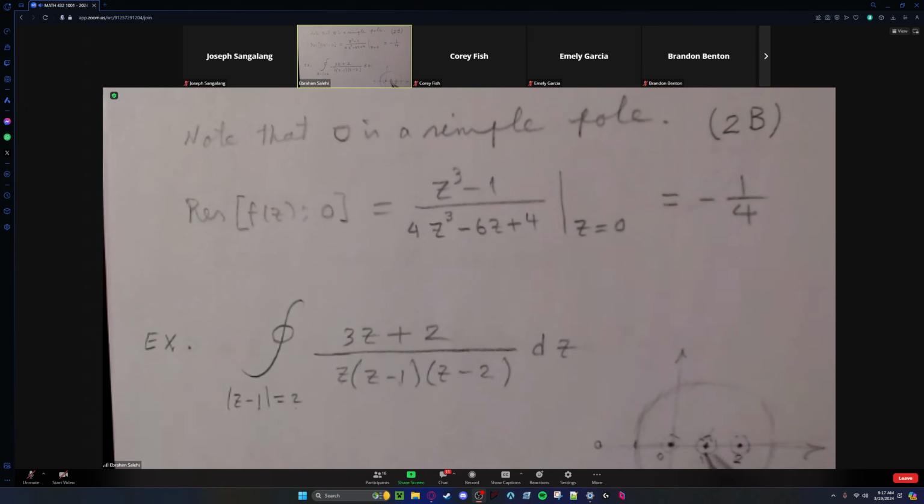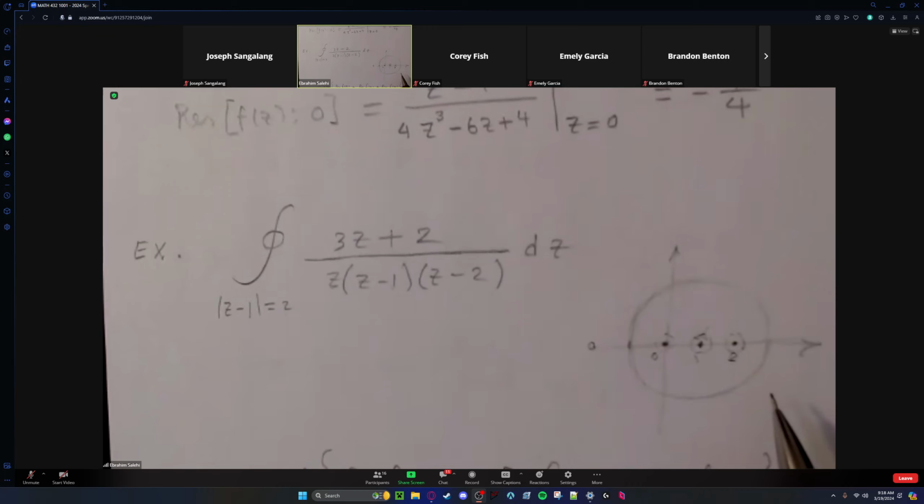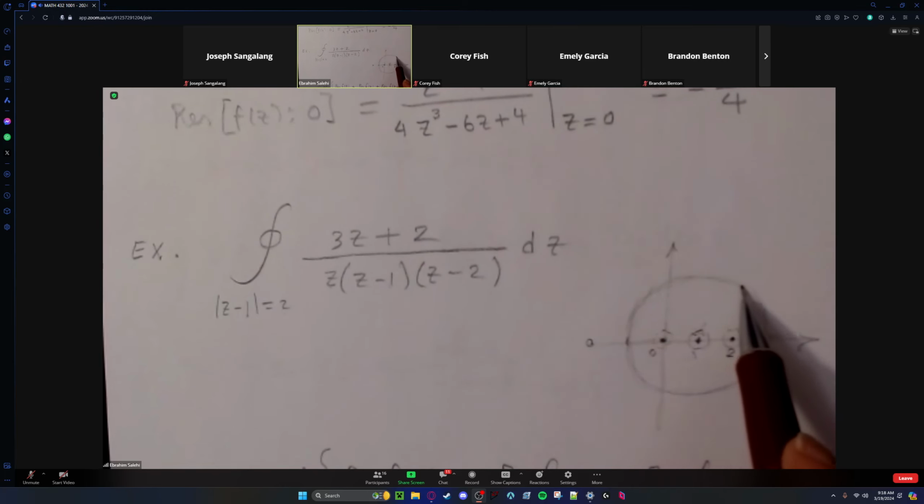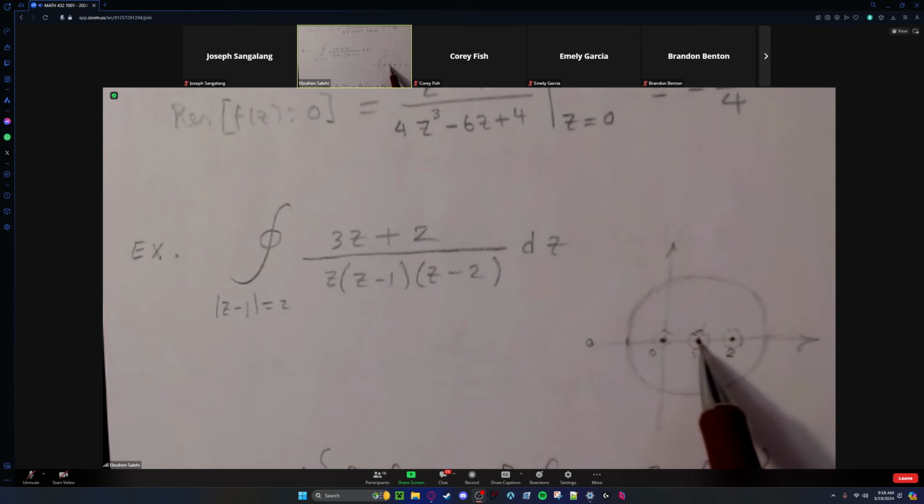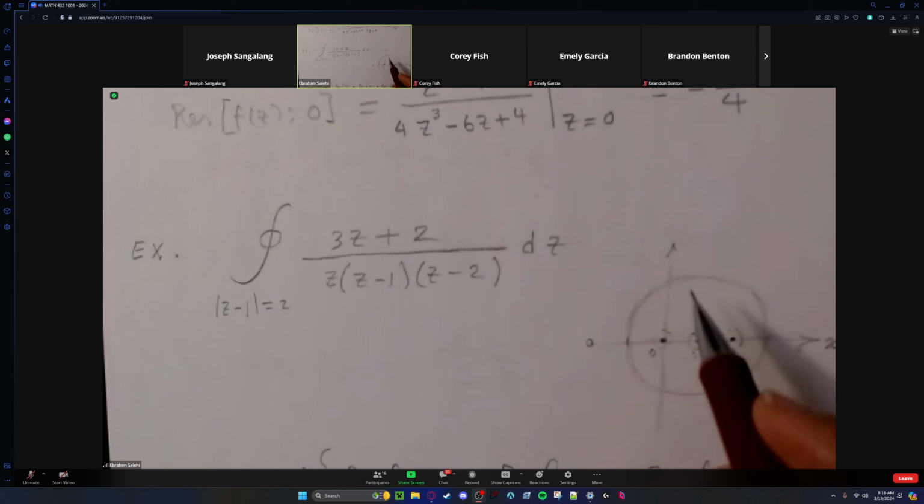Centered at 1 is here, radius 2. This is the circle, centered at 1. Here is the x-axis, y-axis.